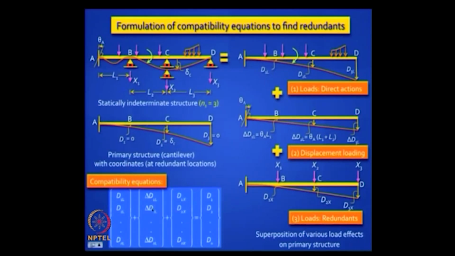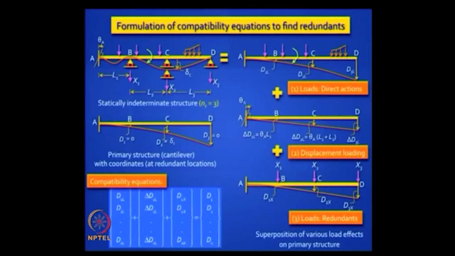Next are the additional deflections which you get in case you have indirect loading at non-redundant locations. If you have displacement at redundant locations, they get covered on the right hand side here, not here. Is it clear? Then we are putting together all the deflections caused by the redundants on the primary structure. Now you see how your learning has progressed.